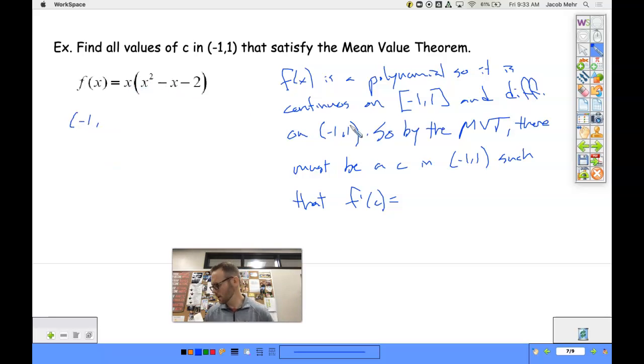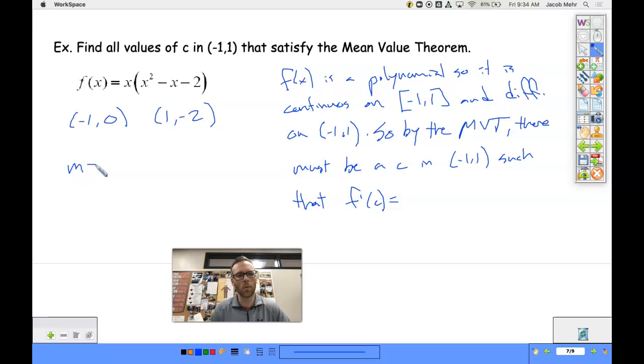-1 comma, when I substitute -1 in, what do I get? -1 times -1 squared minus -1 minus 2, 0. And when I put in the point 1, well, this is 1 times 1 squared minus 1 minus 2, -2.